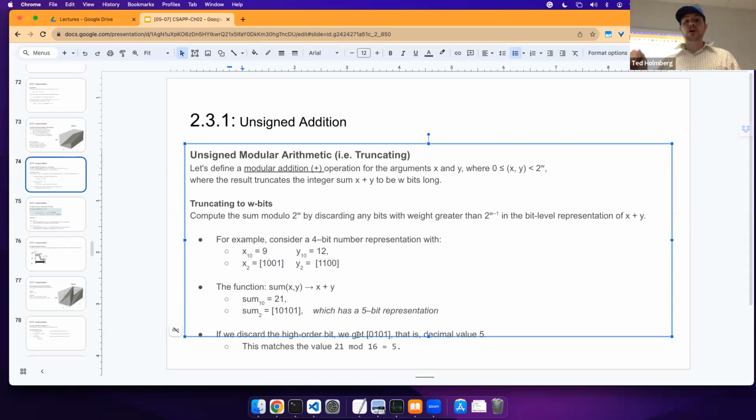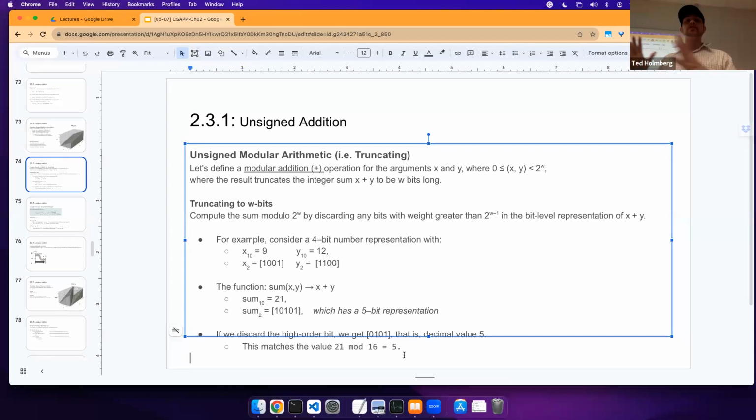So if we discard the highest bit such that we get back a 4-bit vector, we would drop this 1 and we would have the value 0101, which in terms of a decimal evaluation would be the value of 5.